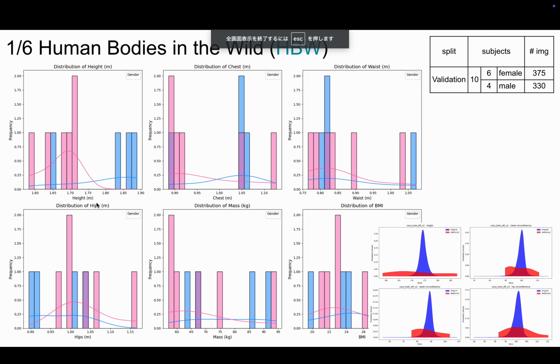So we can see that the pink one is the frequency or the occurrences of female in height, and the blue one represents the male data. And we can see that most of this data spread a wide range of height and chest and waist.